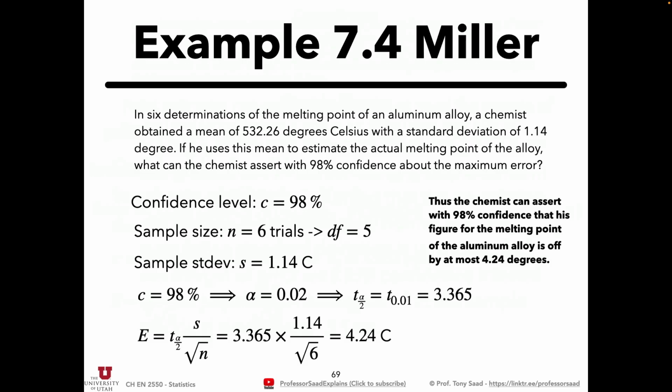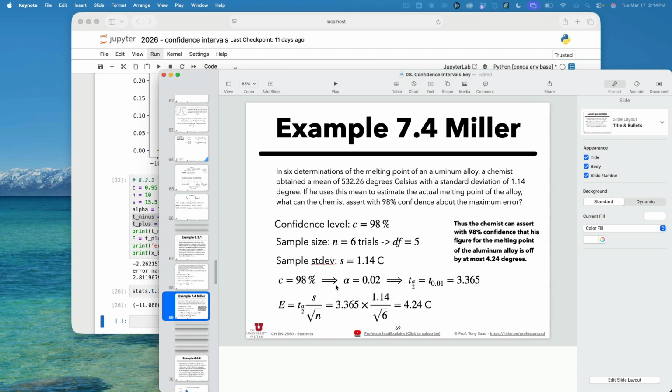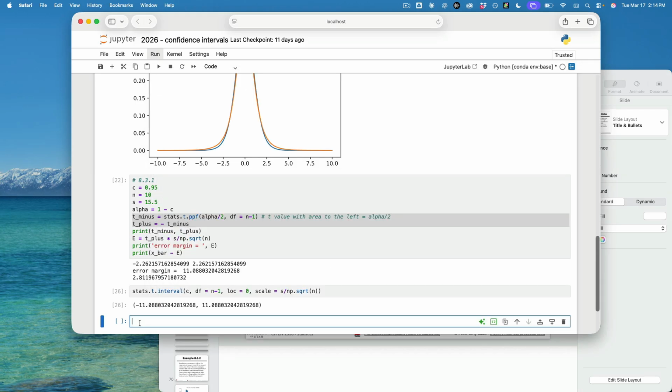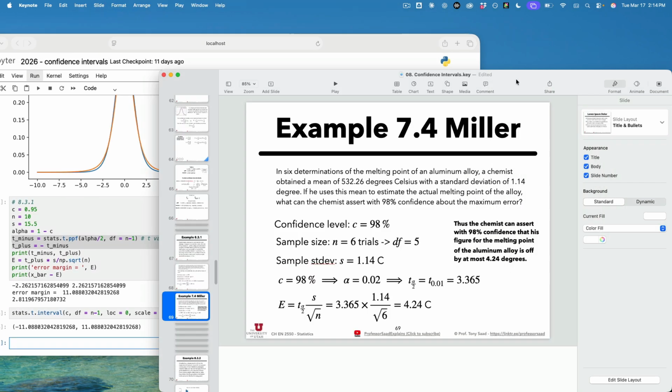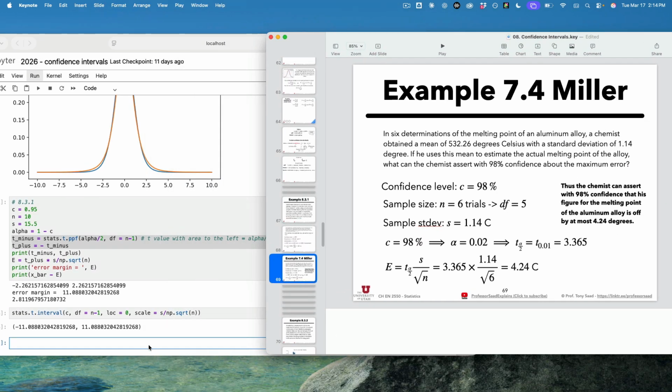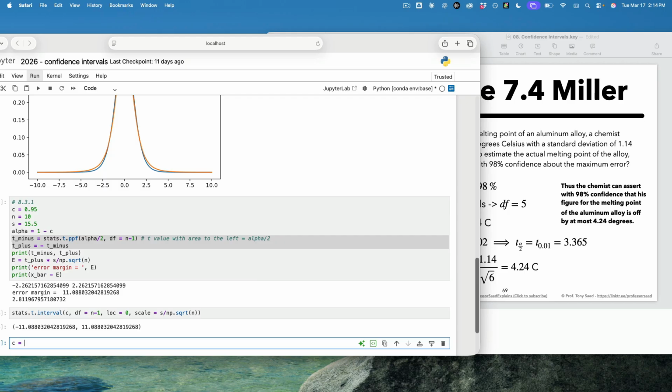If he uses this mean to estimate the actual melting point of the alloy, what can the chemist assert with 98% confidence about the maximum error? So first you turn this problem into a math problem, or you just kind of put in the values you care about here. So we have confidence level. Let's do a confidence level C is equal to 0.98.